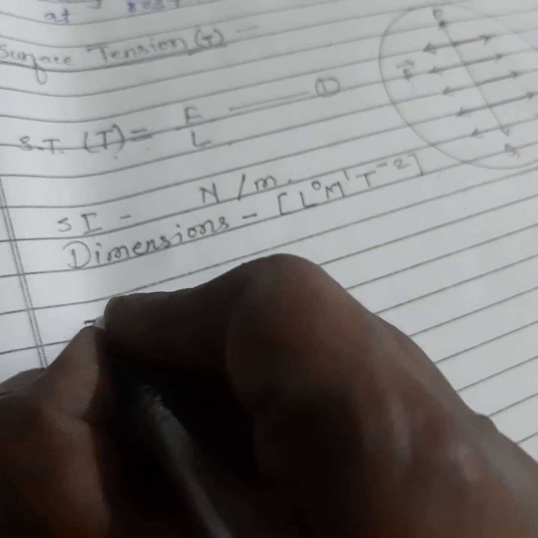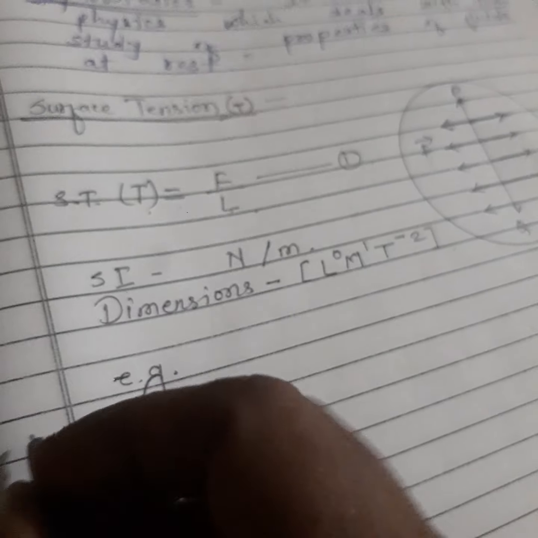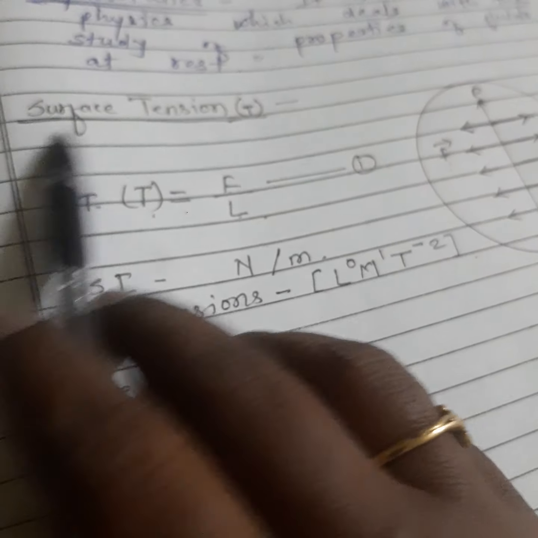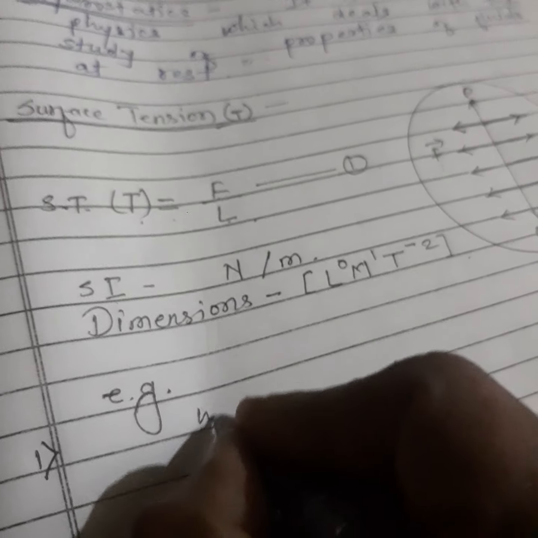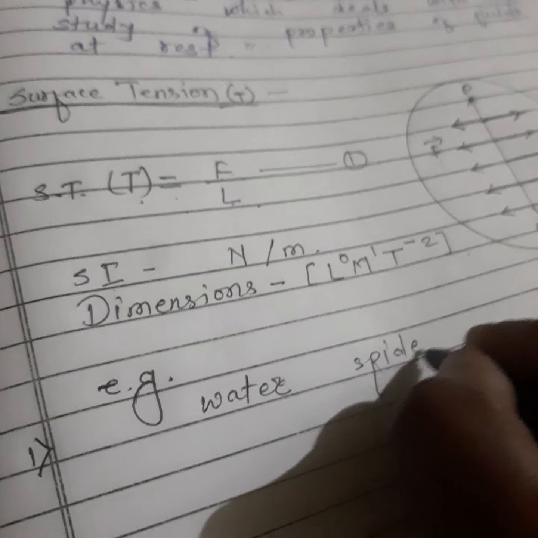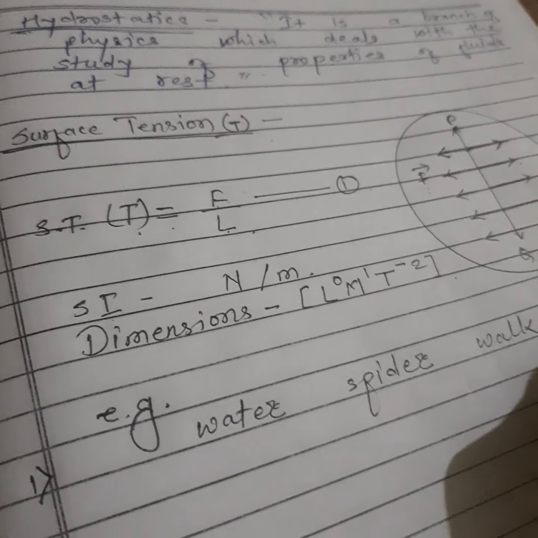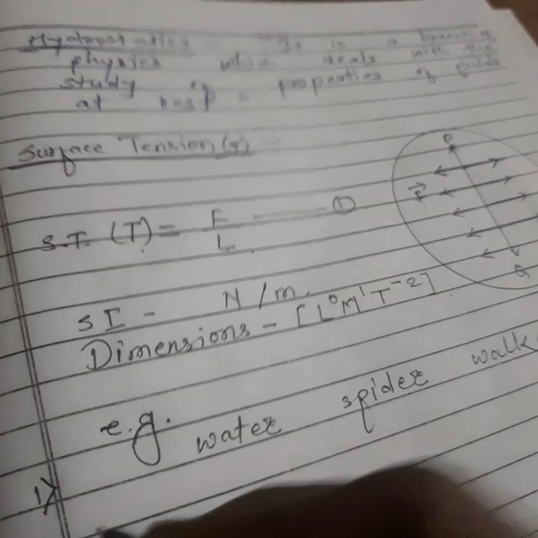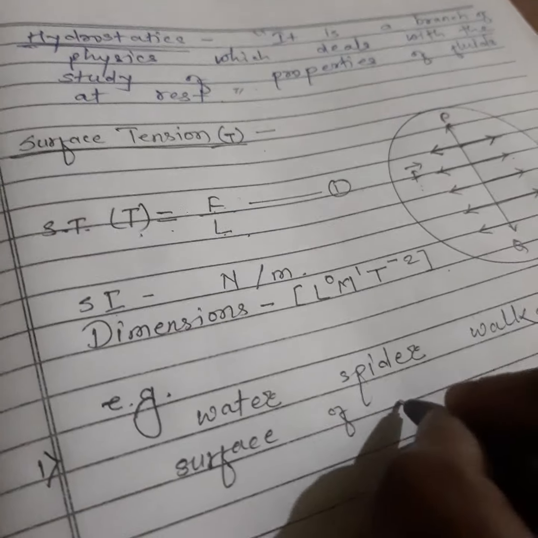Examples of surface tension. The water spider walks on the surface of liquid.